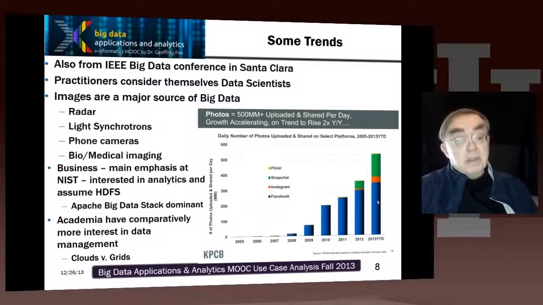If you look at the business interest in big data, a lot of it is focused on what we'll discuss in the third unit of this section when we discuss technologies, which is the so-called Apache Big Data Stack. Business is incredibly interested in this, in its support of data analytics, and its use of the so-called Hadoop file system.